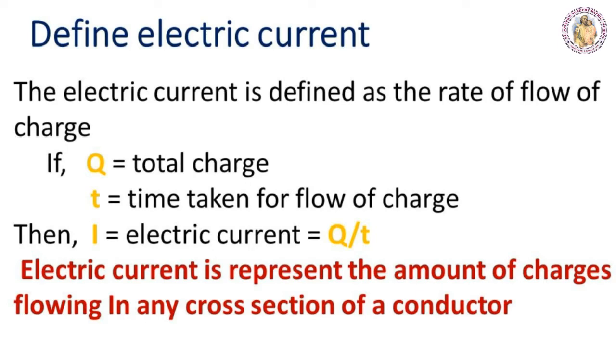For example, Q is the charge that passes through any cross section of a conductor in time t. Then the current flowing through the conductor is I equal to Q by t, where I is the current and Q is the charge flowing per unit time.